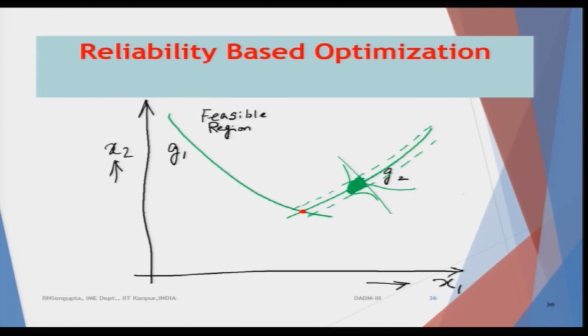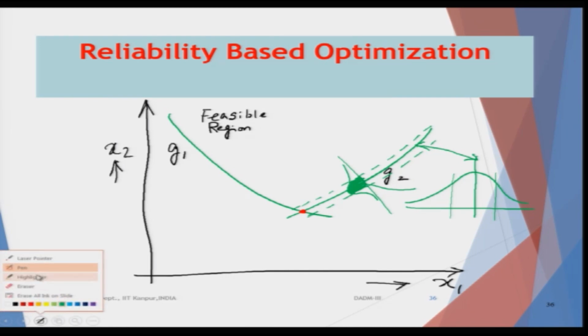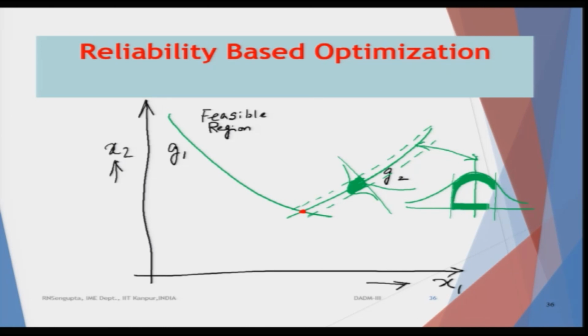So, it is like this, if I draw it, this line is this line, and the overall region if I am talking about, so this is what I was talking about.